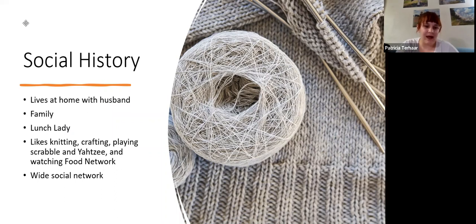She also very clearly had a wide social network. The multiple times I went in to assess her, she had lots of cards, flowers, and decorations in her room from family members and friends sent to help her get well. So she has a pretty big social support.